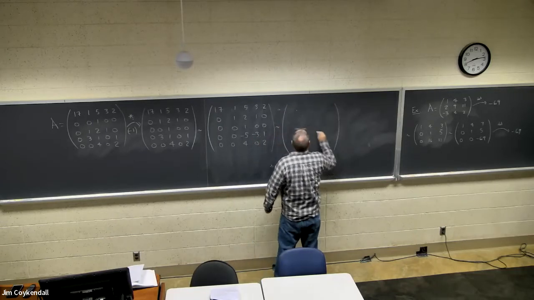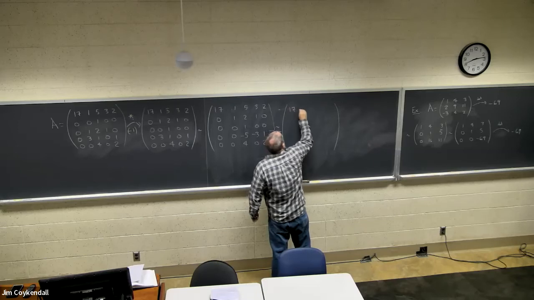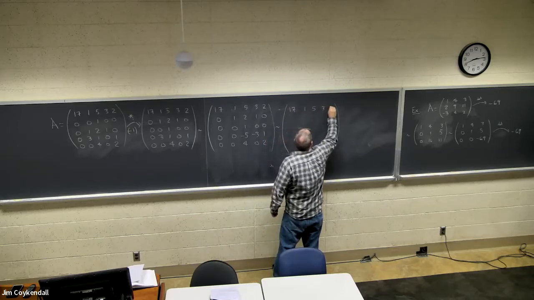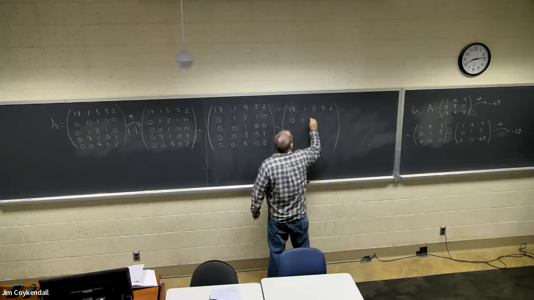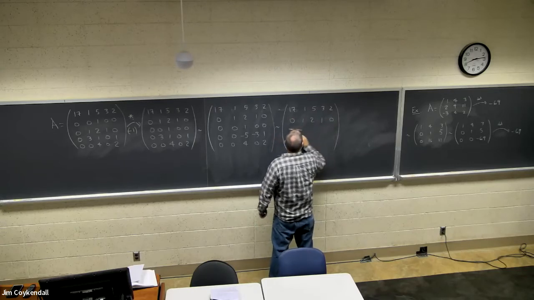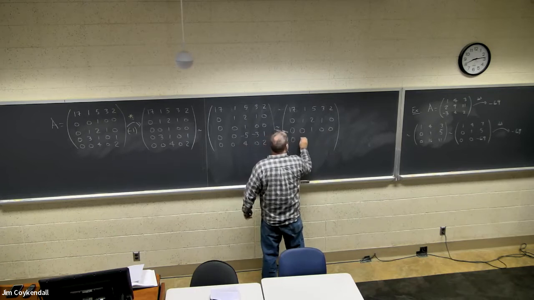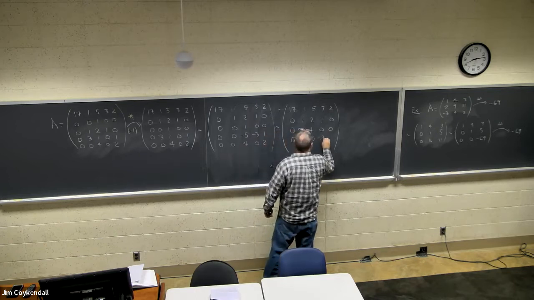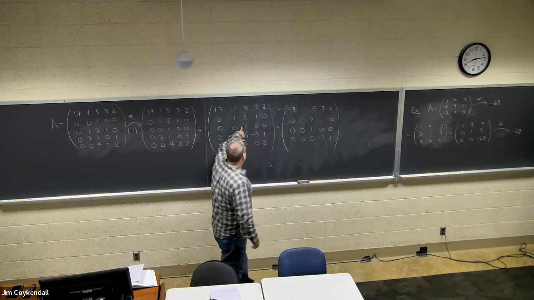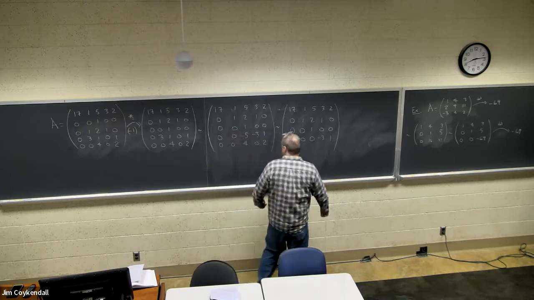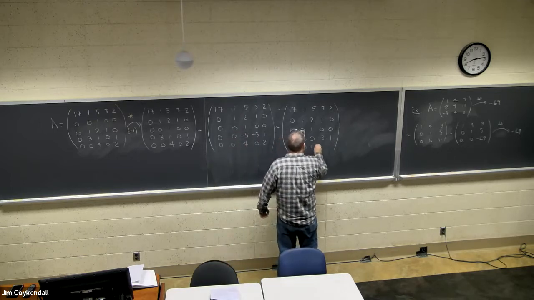So, write that down explicitly. Zero, 0, 0, minus 3, 1. Multiply that by 5 and add. Multiply that by plus 4 and add. Nothing else changes.